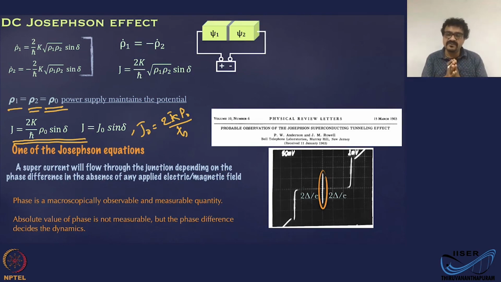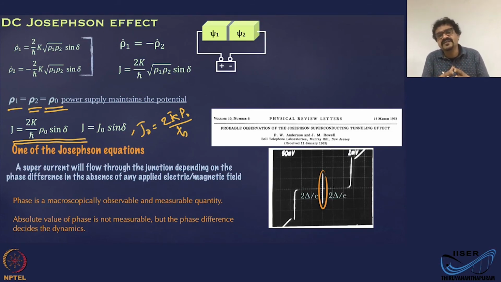You have a current flowing through, and that current does not depend on the voltage because there is no voltage applied. If you just take 2 superconductors and put them together, what this equation is saying is you will get a current, and that current is a function of the phase difference of the wave function between the 2 sides.